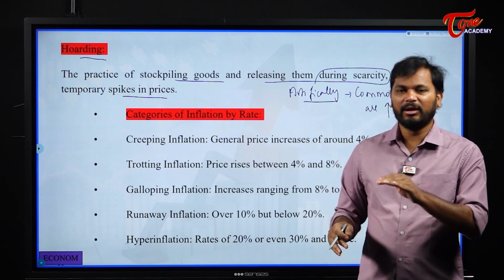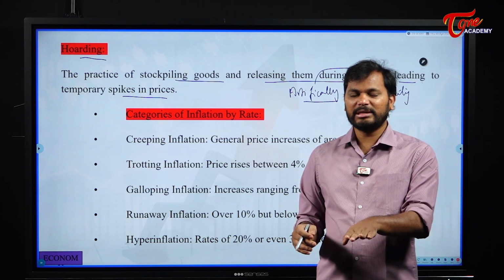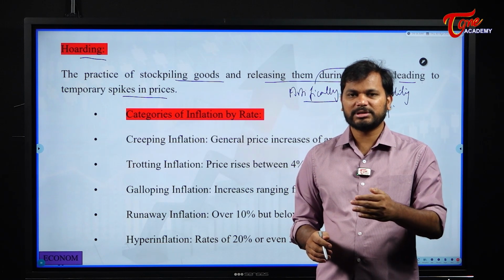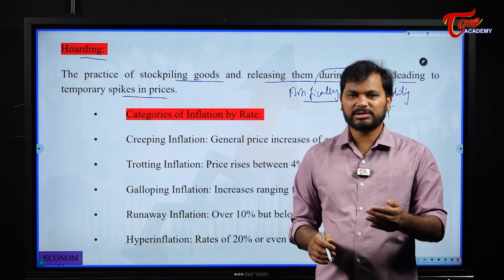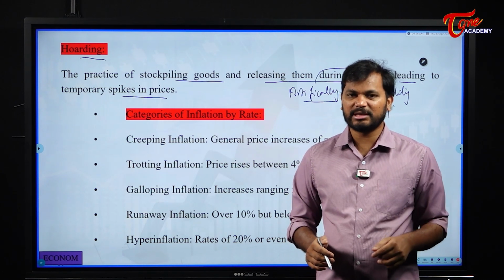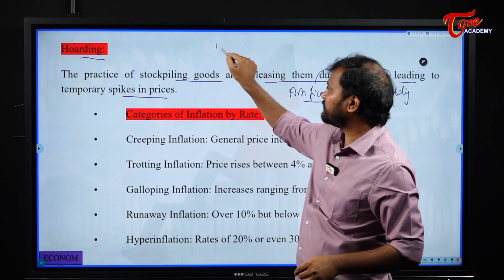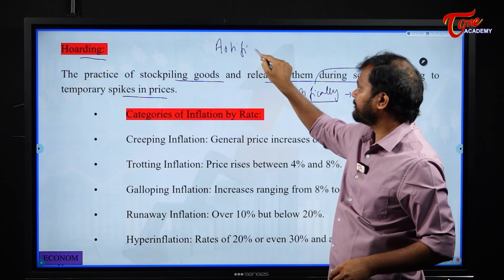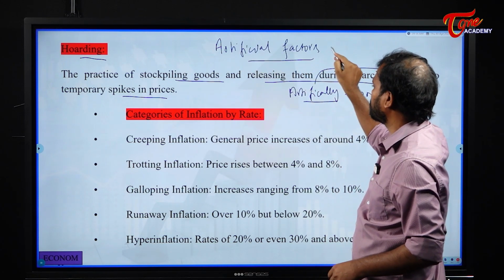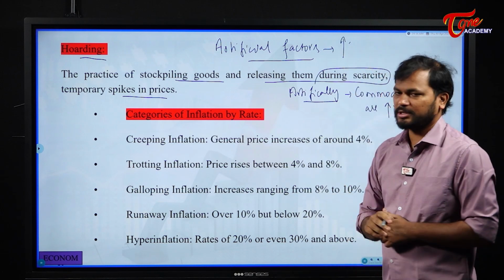But at the end of the day, the ultimate agenda of all these things is the same. It is not because of cost push or demand driven factors or certain other factors that inflation is increasing, but it is the artificial factors. The artificial factors are leading to the increase in inflation.